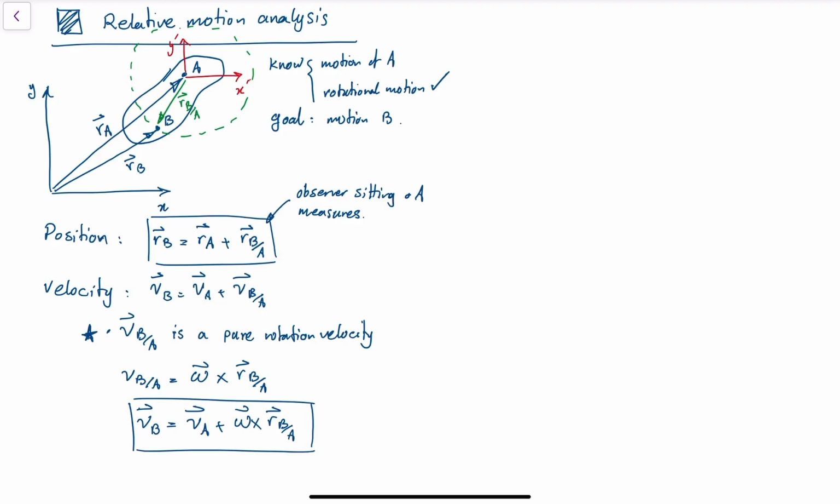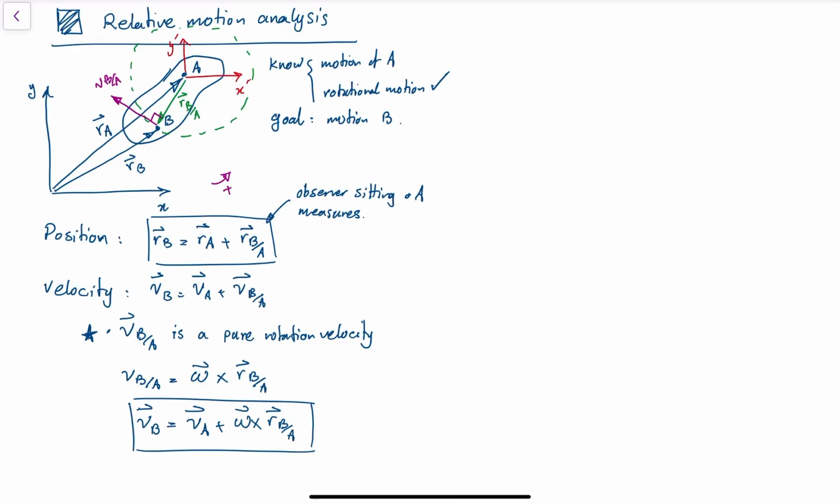You can consider a direction of rotation within the plane as positive. And if that is your direction, you know that this relative velocity, V of B relative to A, is always going to be perpendicular to the relative position vector.